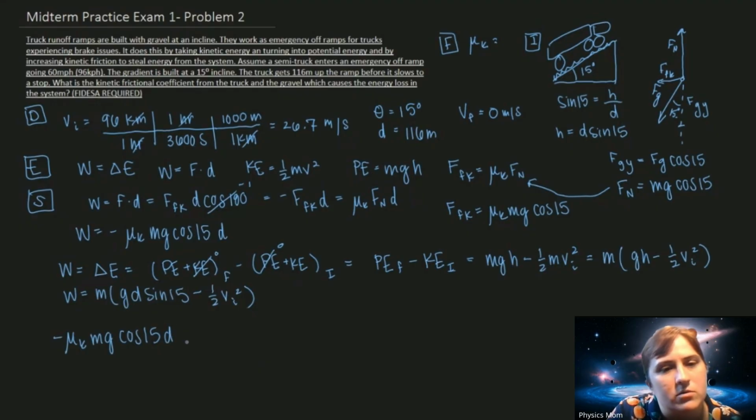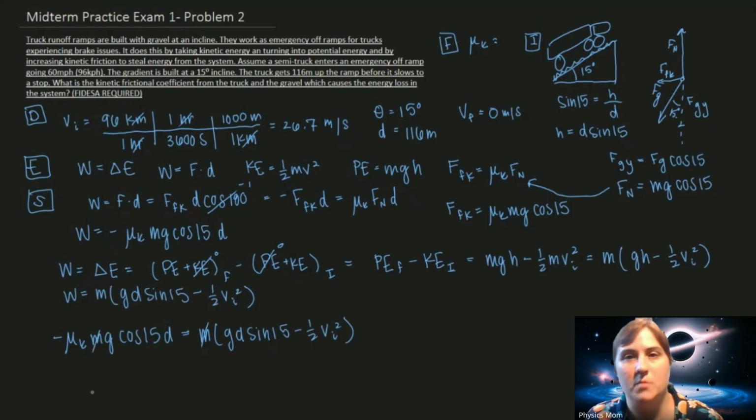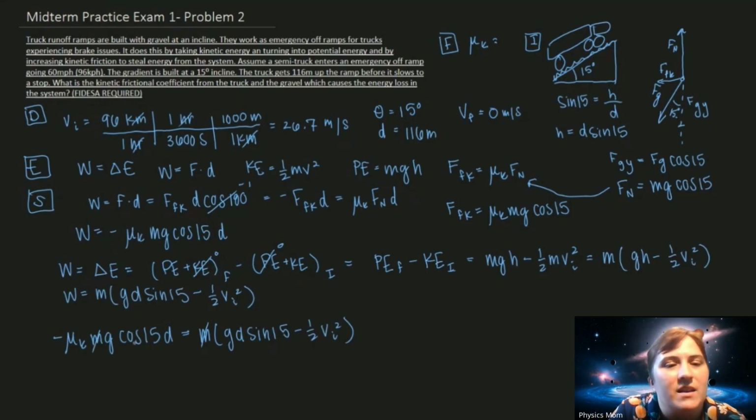If it's multiplication, order's the same. This is equal to the mass, gravity, distance, sine 15 minus 1/2 the initial velocity squared. The mass units cancel, which is good because we don't actually know the mass of this truck. And then I want to solve for our frictional coefficient.